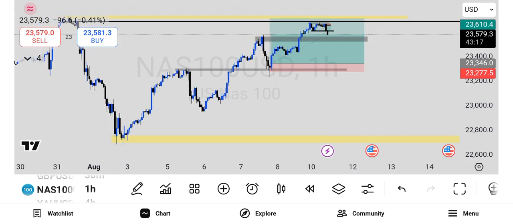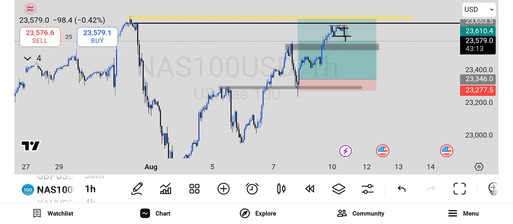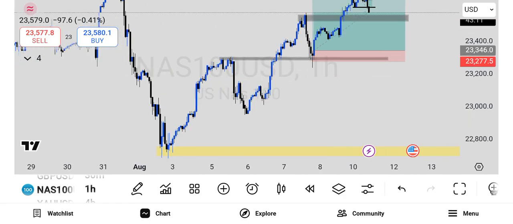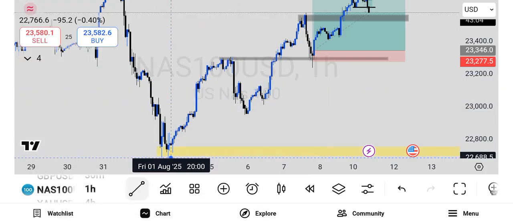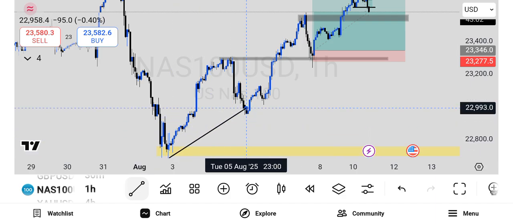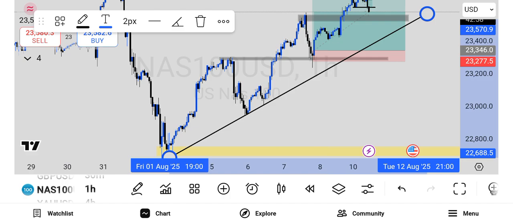When we go to the H1, we can see clearly what price has been doing, guys. Price has been in an uptrend, moving in a bullish structure. As you can see, price has been creating a series of higher highs and higher lows, guys, right?